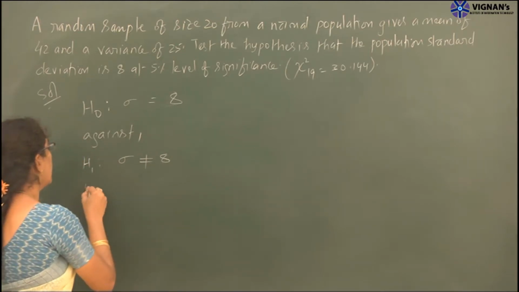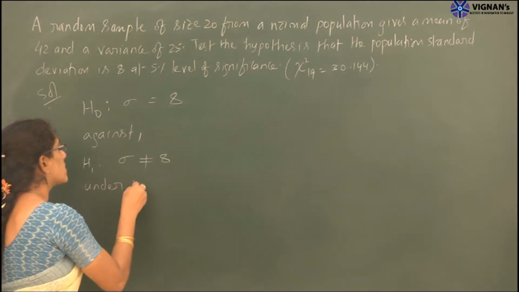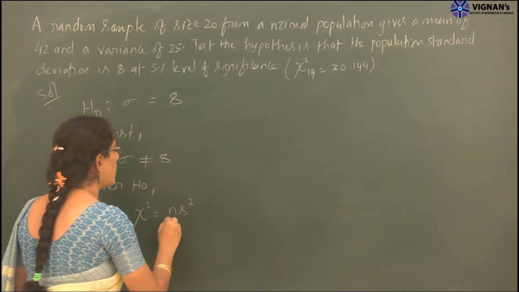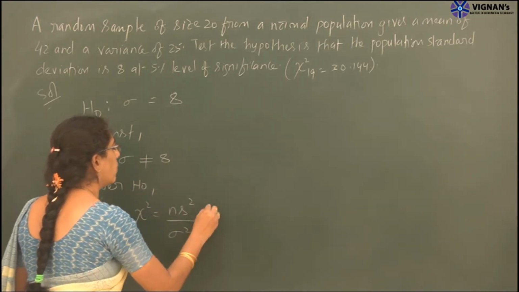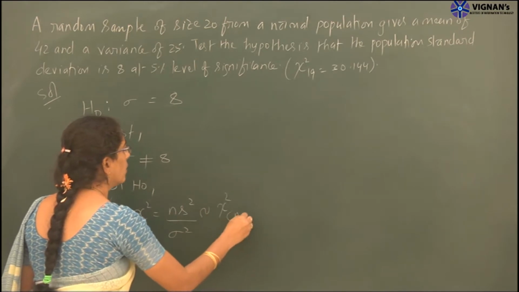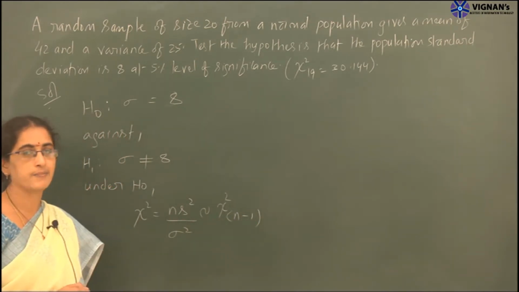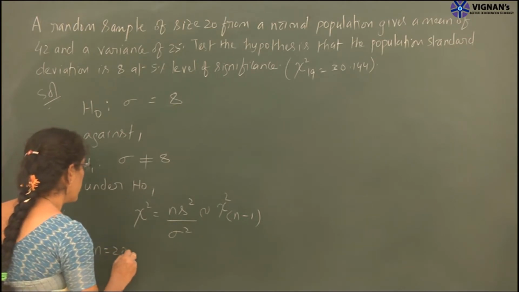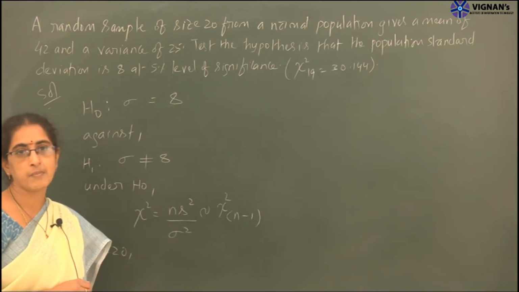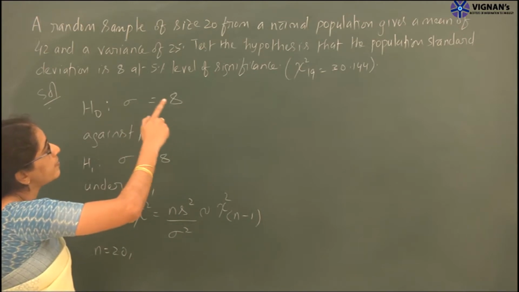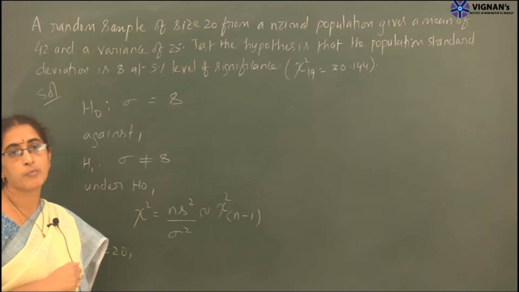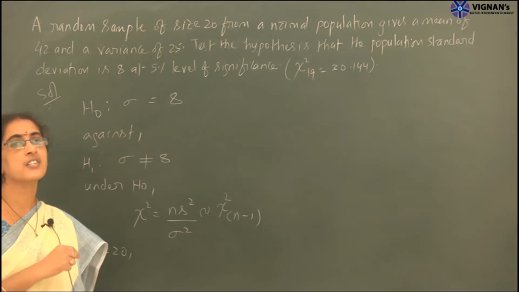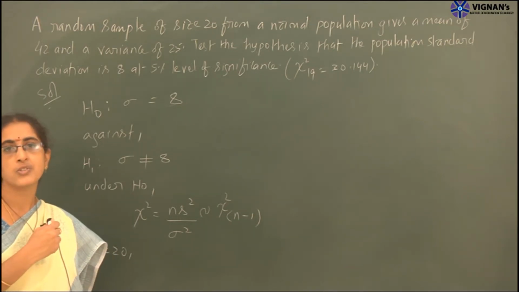Then under the null hypothesis, the test statistic is given as chi square equal to n into small s square by sigma square, which follows a chi square distribution with n minus 1 degrees. Now n is the sample size, that is given as 20, and small s square is the sample variance. A random sample of size 20 from a normal population gives a mean of 42. Actually for the test for variance, there is no need to calculate the mean.